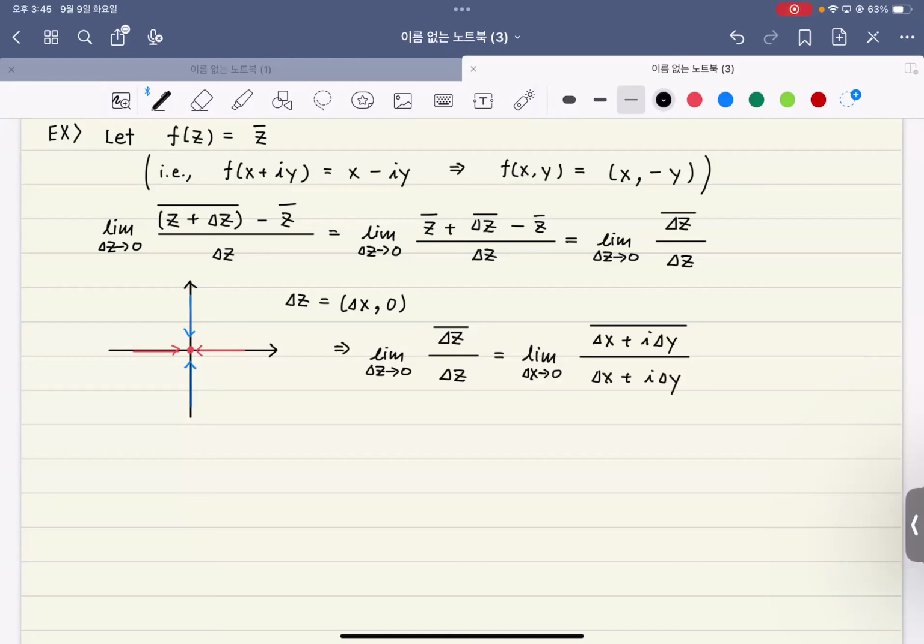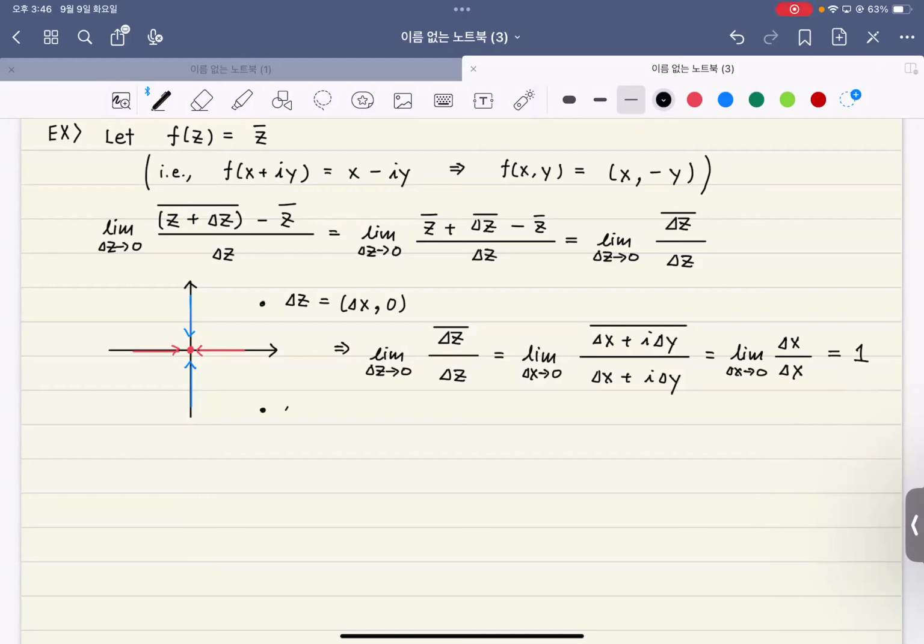This is my delta z. But since on this route delta y should be 0, therefore this is just simply delta x over delta x. So the limit should be 1, right?